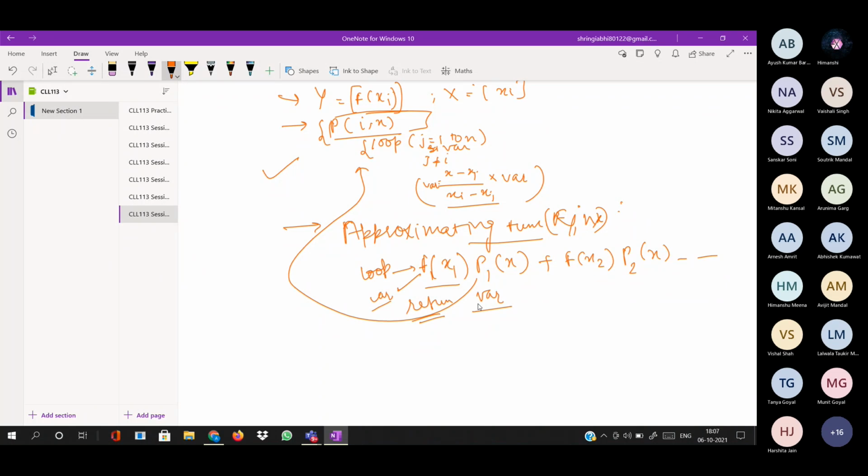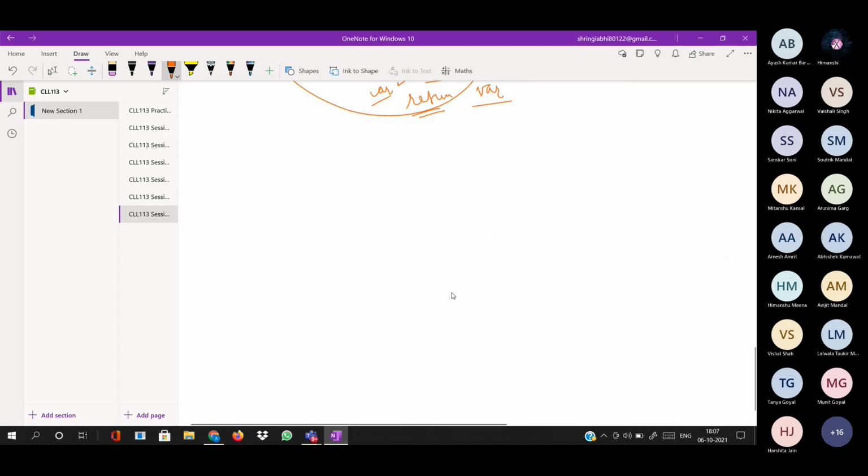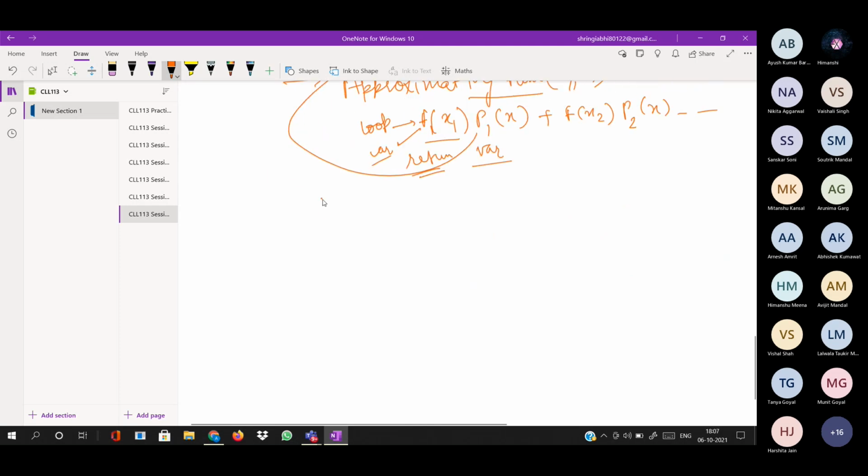Now, can someone tell me the time complexity of this? What will be the time complexity for this? Sir, n square, big O n square. Yeah, we get n square. Yes. So it is a comparatively efficient method. You can all clearly see it.